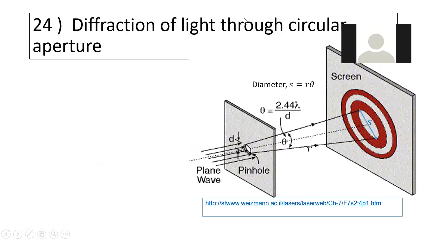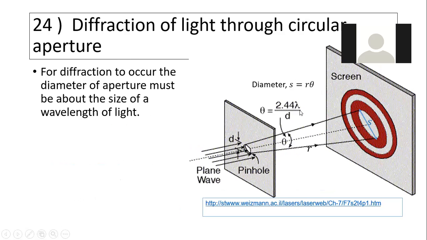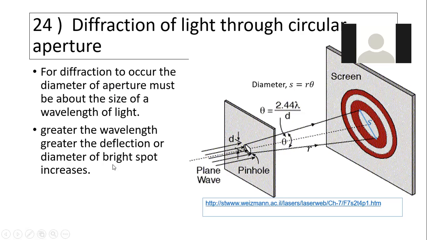Okay, diffraction of light through a circular aperture. This is just a formula to remember. That's your theta. That's why it's 2.44, double that, rather than 1.22. For diffraction to occur, the diameter of the aperture must be about the size of the wavelength. Then you can see diffraction. Greater the wavelength, greater the deflection.